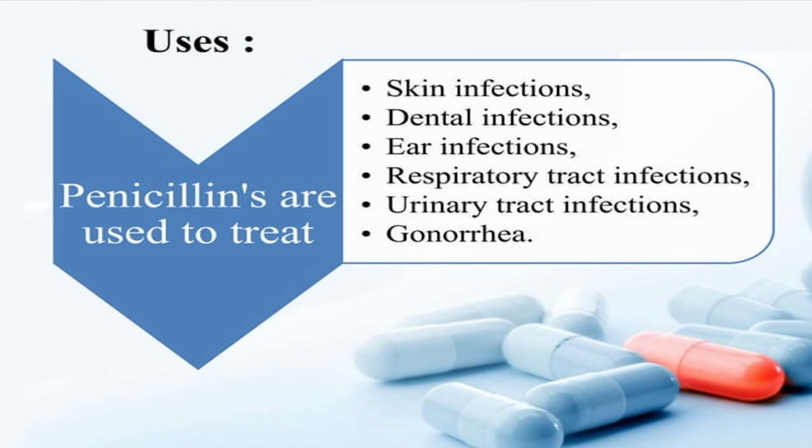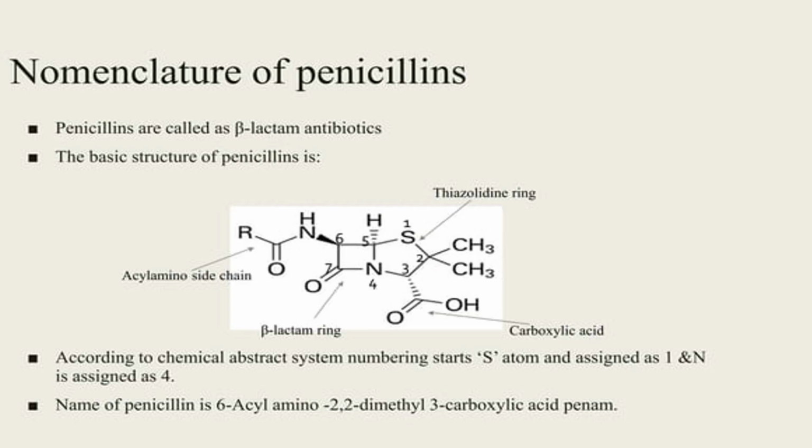Now what are the uses of this compound? We can use penicillin for a variety of skin infections, dental infections, ear infections, respiratory tract infections, UTI type infections, and gonorrhea. Now we are moving towards the nomenclature pattern of penicillin.